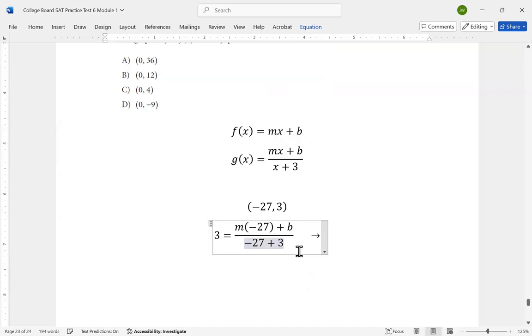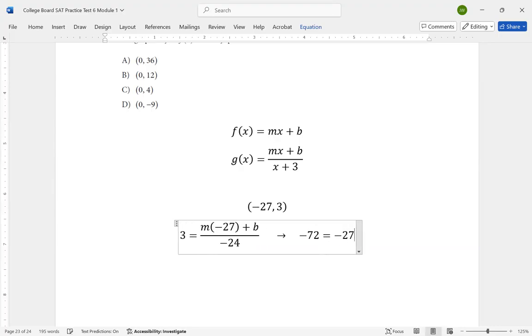So I will rewrite that in the denominator there. I'll multiply both sides by negative 24 just to make it a linear equation and get negative 72 is equal to negative 27 times m plus b.